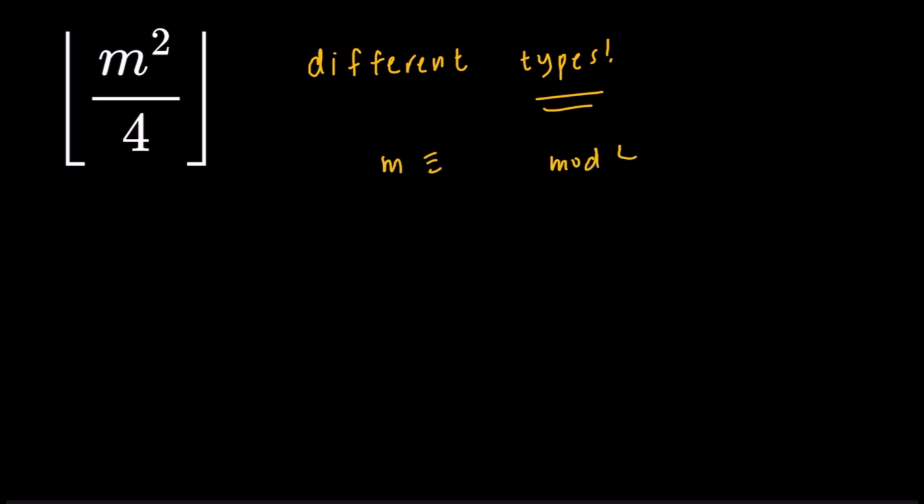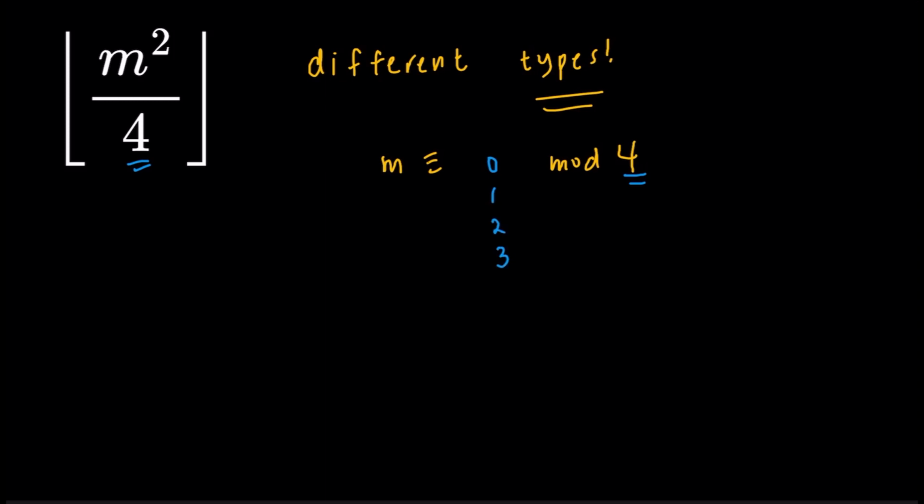Mod 4, because the denominator here is 4. Although it might not be obvious why we have to consider different values of m under mod 4, once I show you the cases, it might be a little bit obvious. Under mod 4 we have 4 possible residues: 0, 1, 2, or 3.